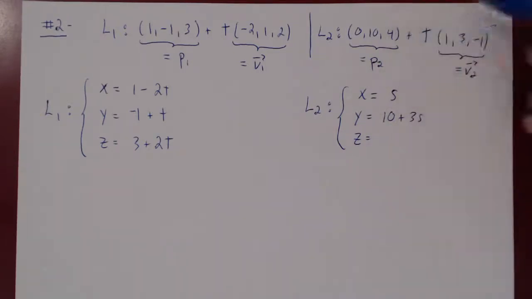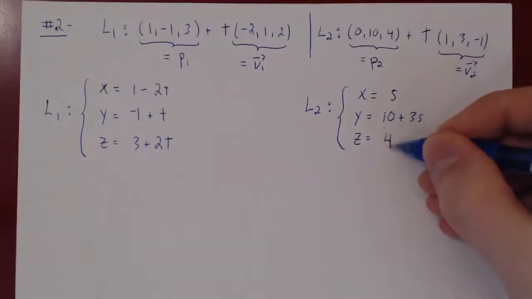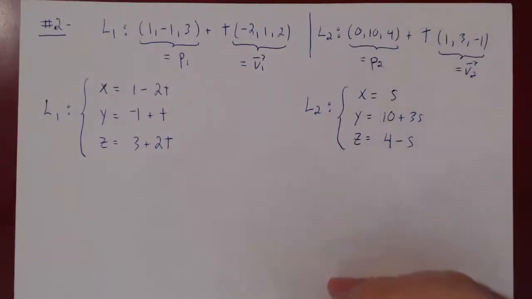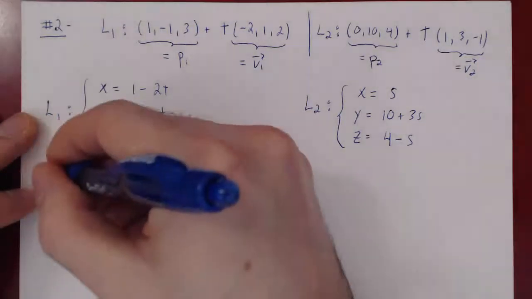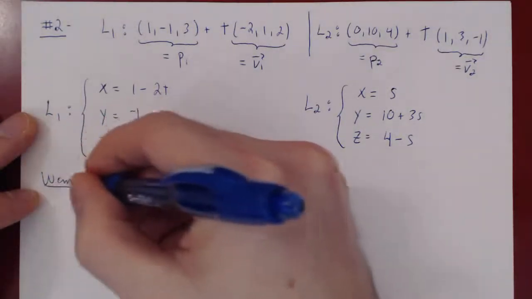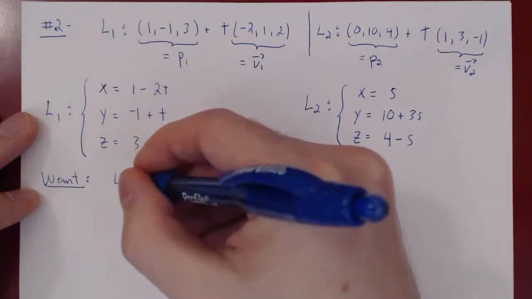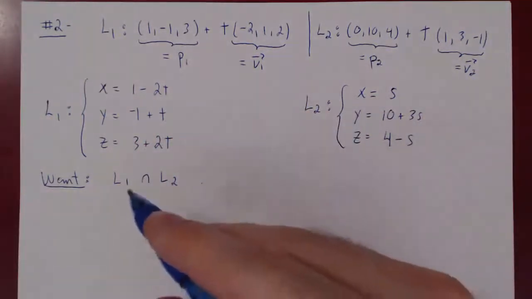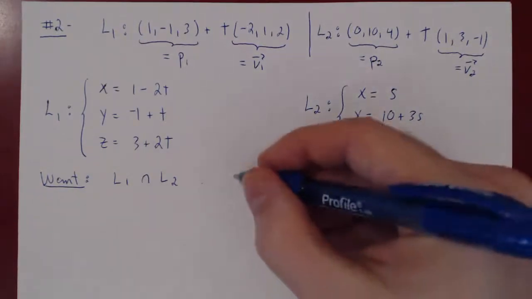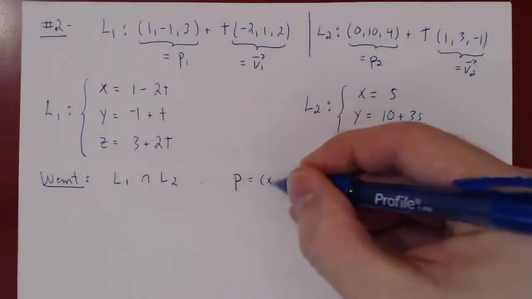And z will be 4 minus s. And now this will be much more obvious, because what do we want here? As we said, we want the intersection between line 1 and line 2. This is where the two lines meet each other. Well, we want the points x, y, z.